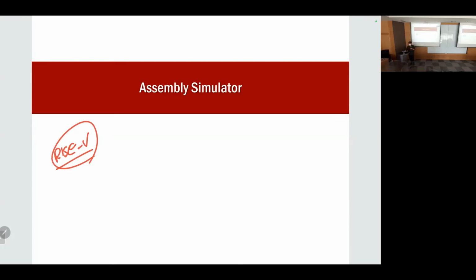So first, we can use an assembly simulator. In chapter 2, we learned about the instruction set in RISC-V, which means we learned the assembly code for the RISC-V instruction set architecture. But the problem is that our normal computers usually include x86 or ARM processors.